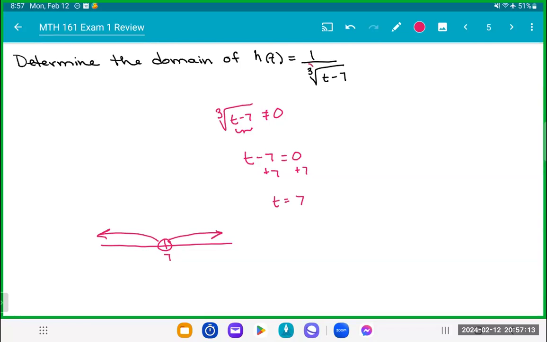It doesn't, because this is an odd number. If that was an even number, then we would have to have t minus 7 greater than 0. But since it's a cubed root, we don't have to have that. So my domain can go from negative infinity to 7 and from 7 to positive infinity.